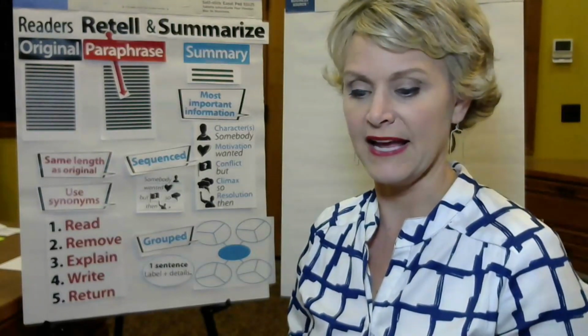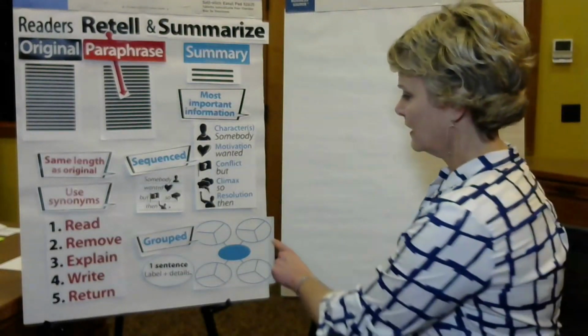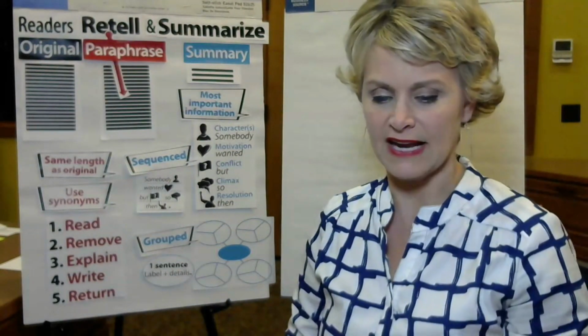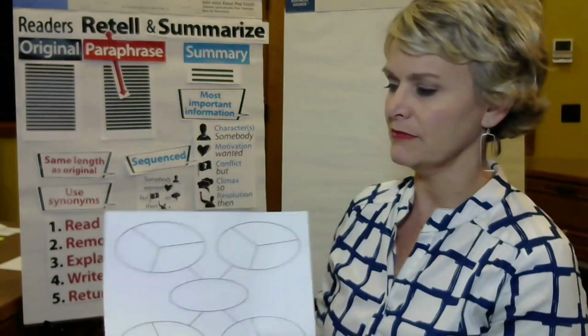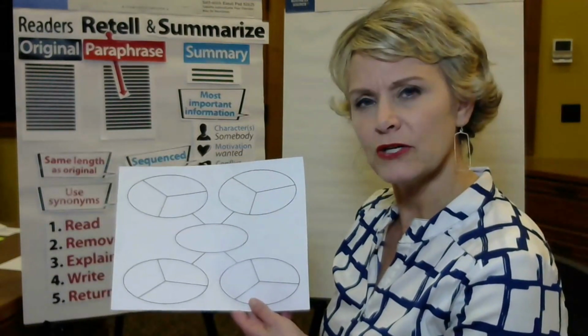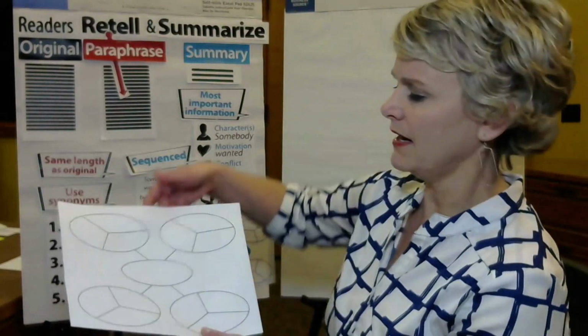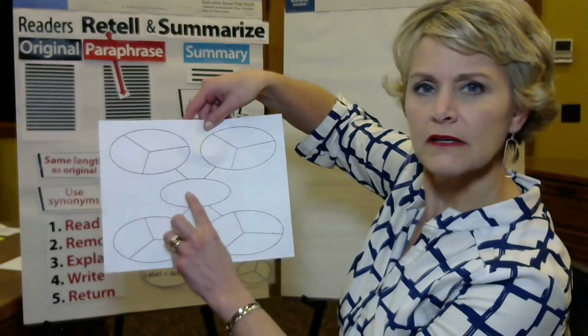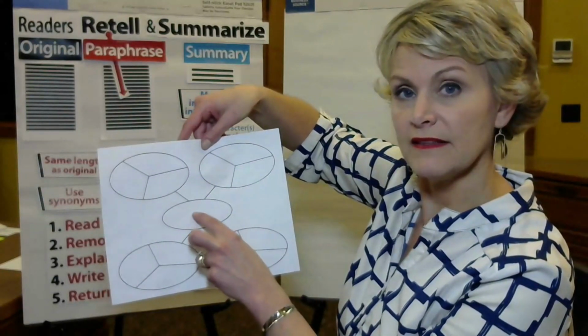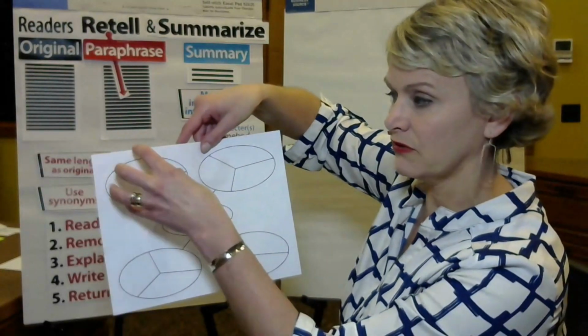So we've talked about this dissected web, this kind of four oval organizer. And do you remember what the middle was? Do you remember what this oval was for? The title of the text you read. That's what goes here, because we only filled in these.